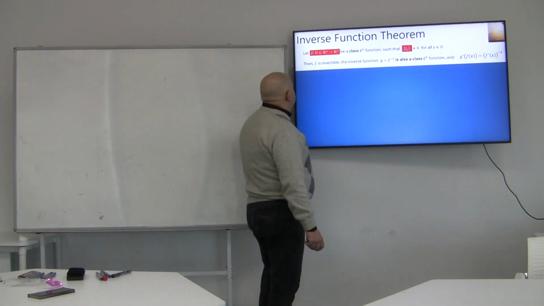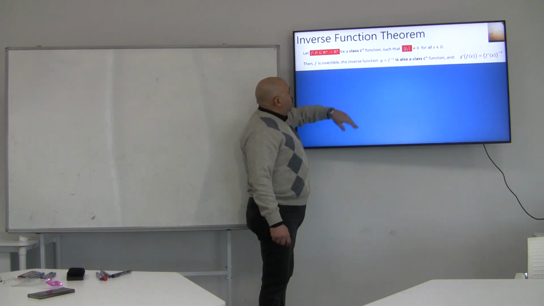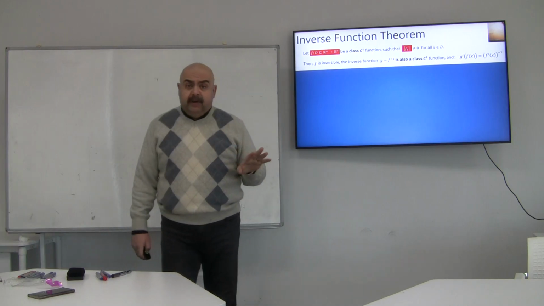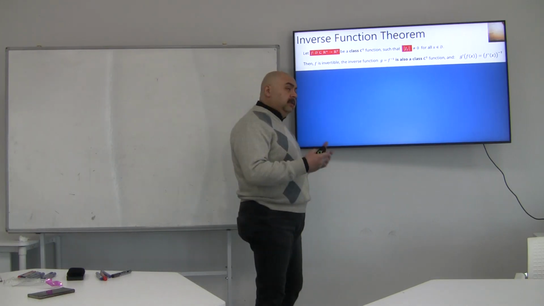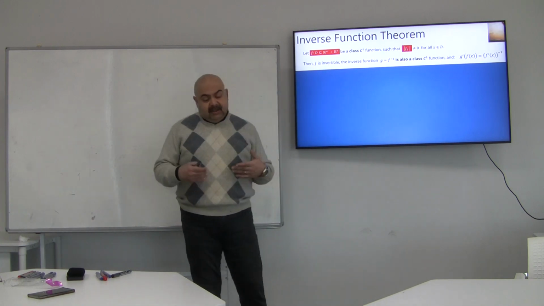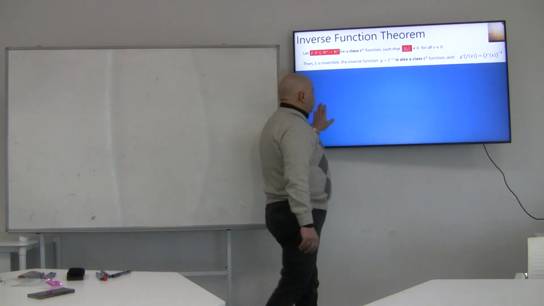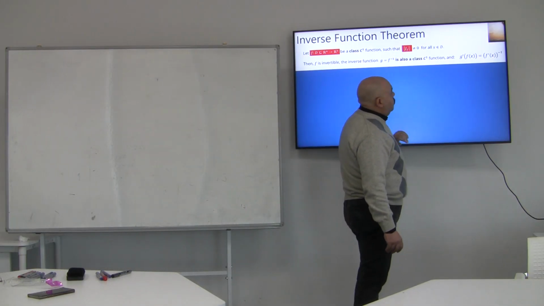So let f, with domain D in Rn, into Rn, be a class C1 function. We already defined C1 functions in the previous lecture: any C1 function is continuous and differentiable with a first derivative, such that the determinant of the Jacobian of f doesn't equal 0.